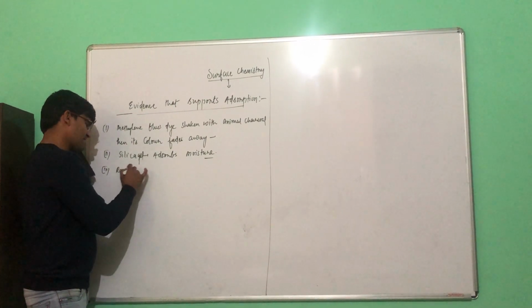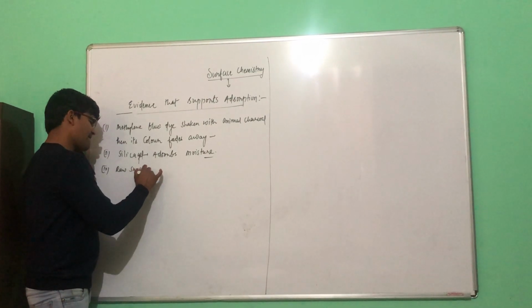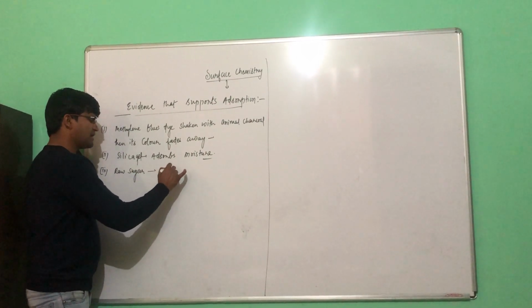Raw sugar. Raw sugar is yellowish in color.